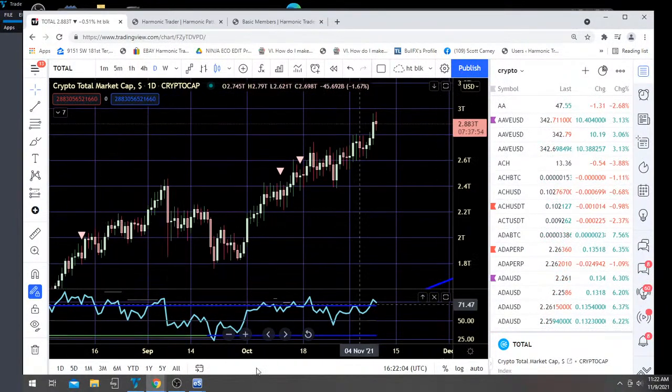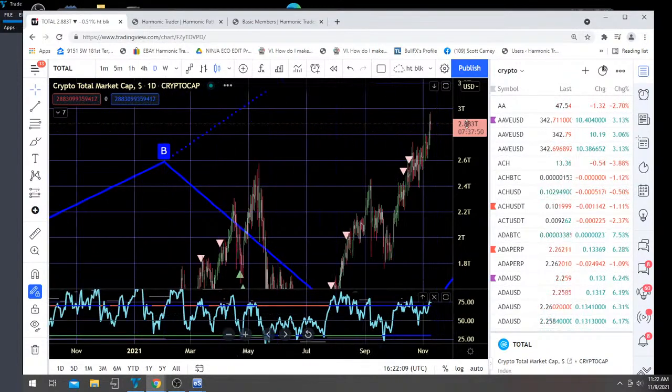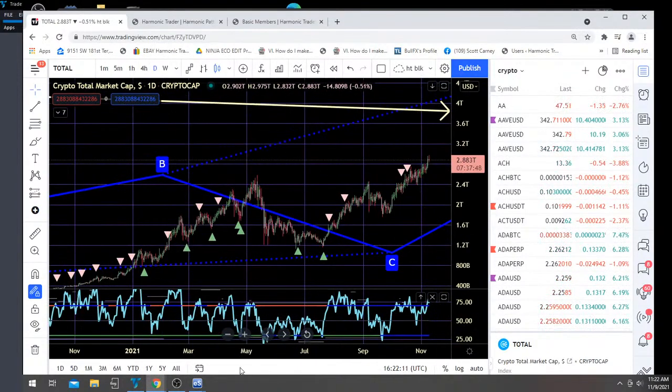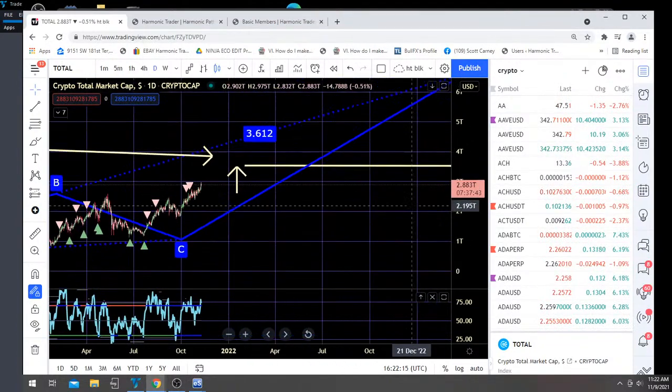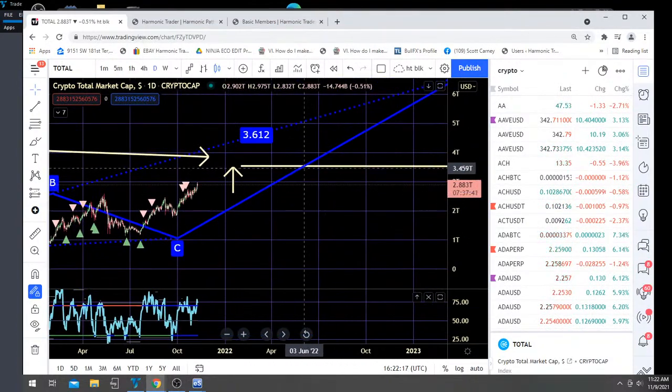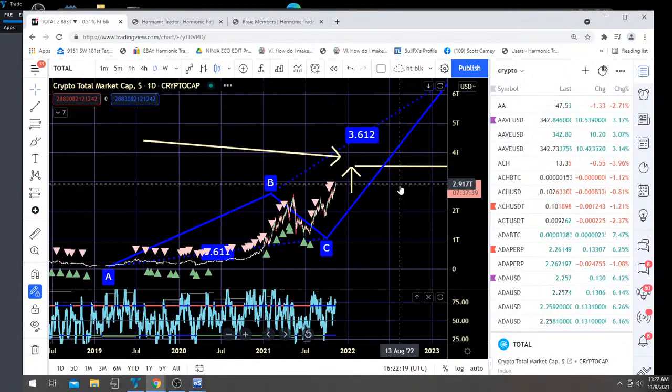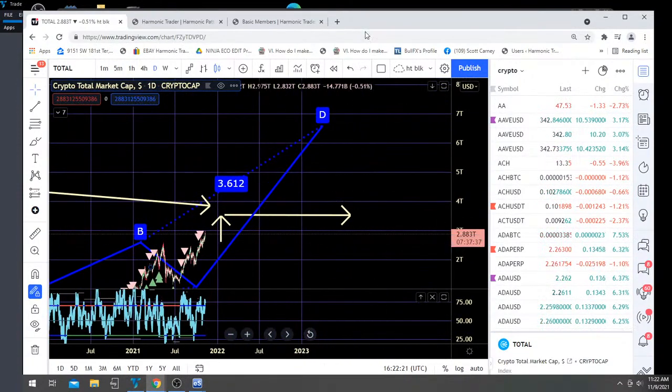Here's total crypto market cap, 2.88 for our purposes. Please look at yesterday. We spent a great deal of time on this, but we're looking for that breakout. A couple minimum metrics up at around 3.5.